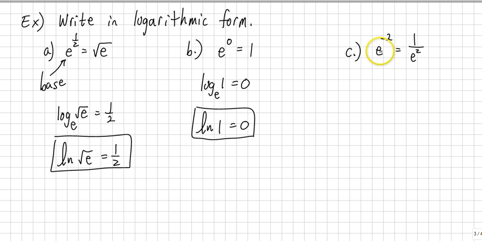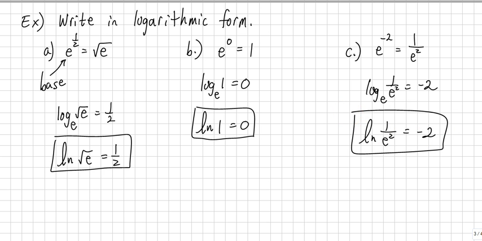So one more time, the base is e, so it would be log base e of 1 over e squared equals the exponent -2. But using ln, it'd be natural log of 1 over e squared equals -2. So exactly how we converted it before.